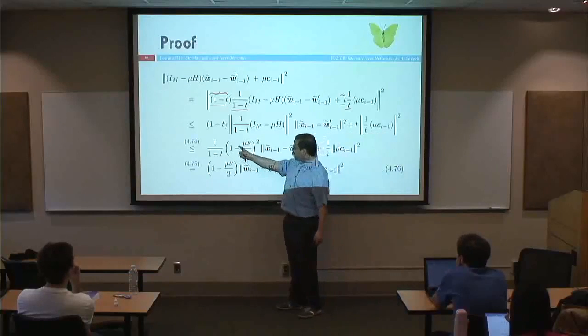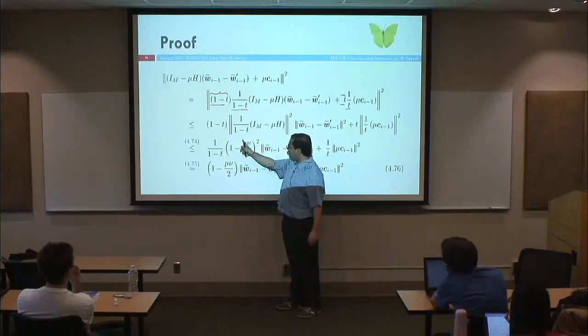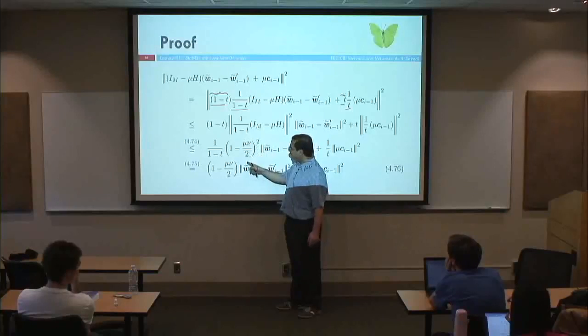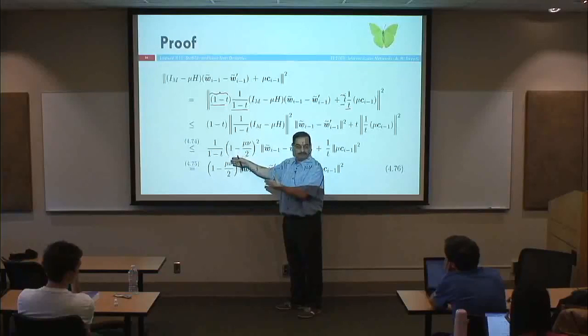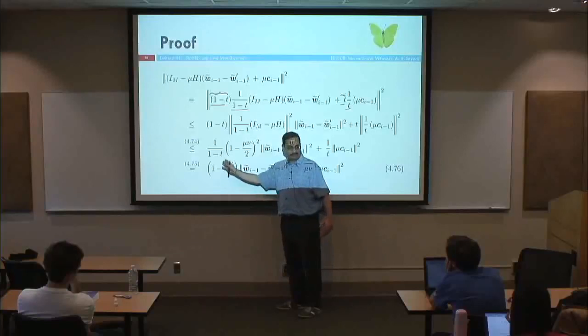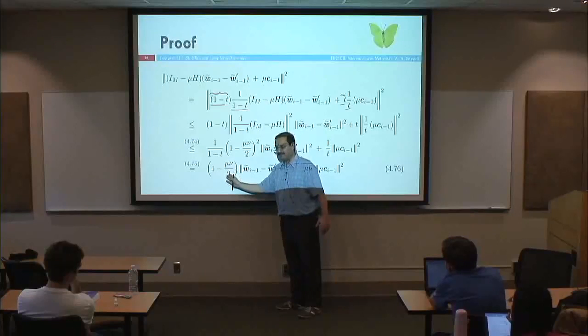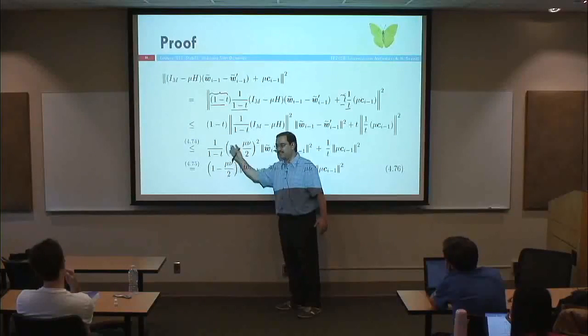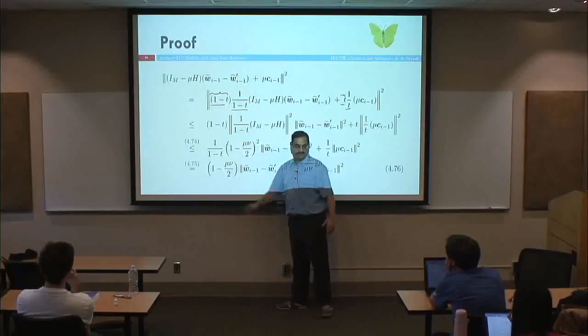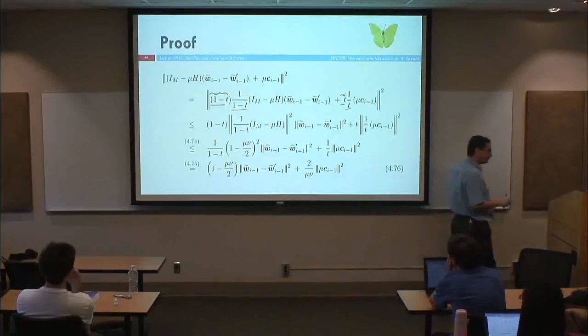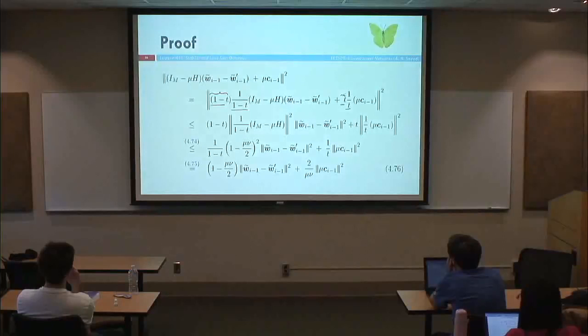Had you had only 1 minus mu nu here, without the square, then it would be more difficult for you to rewrite this in a form that has 1 minus something. Did you understand why this was useful? Okay. So this is that.